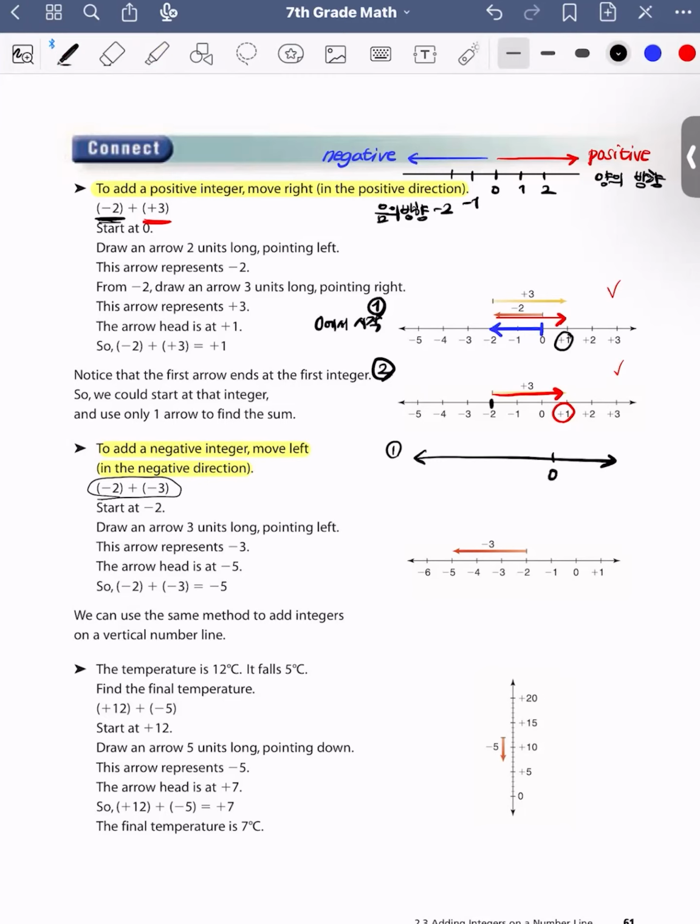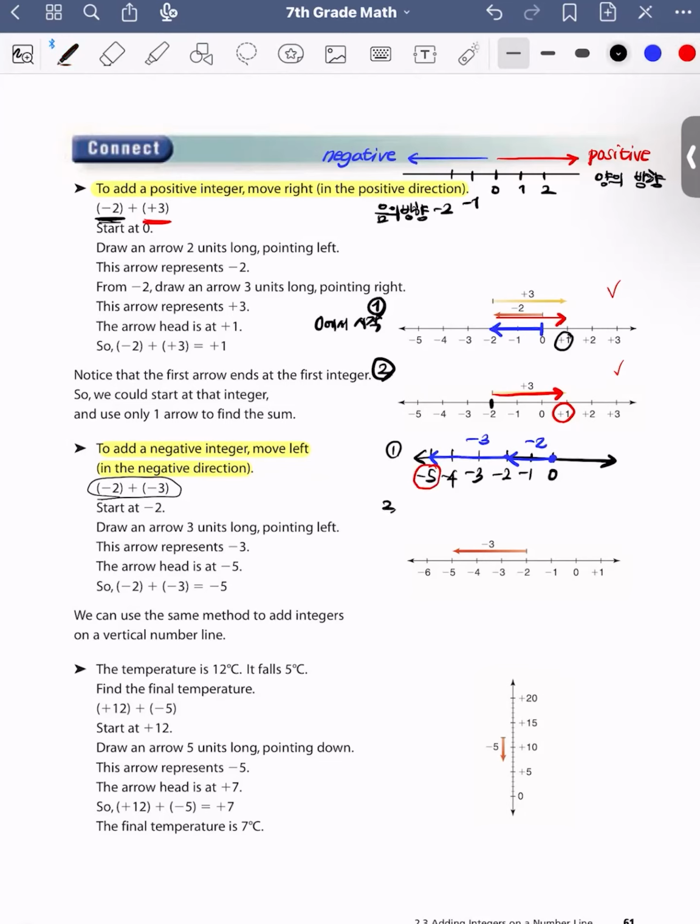Let me just write down the numbers first. Start from 0. First, you go to the left side. You draw an arrow to the left side that's 2 units long, right? And then starting from there, you draw another arrow that's 3 units long. Minus 2 and minus 3. And that's going to give us negative 5.